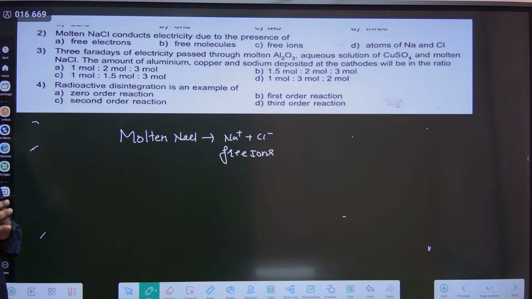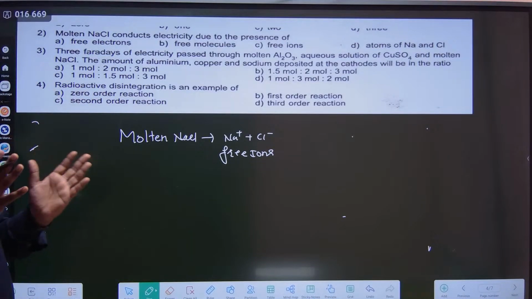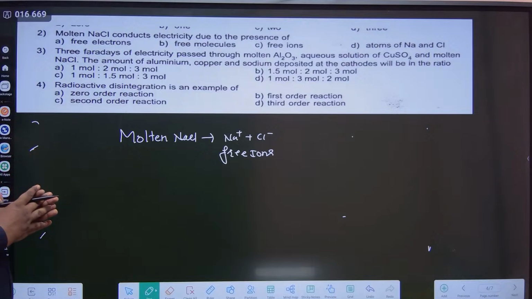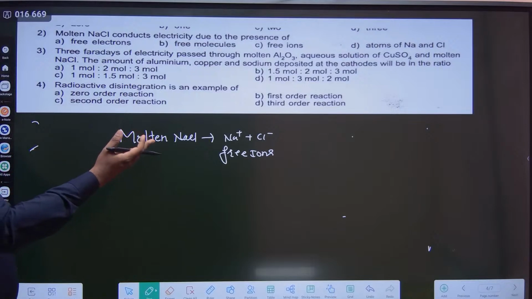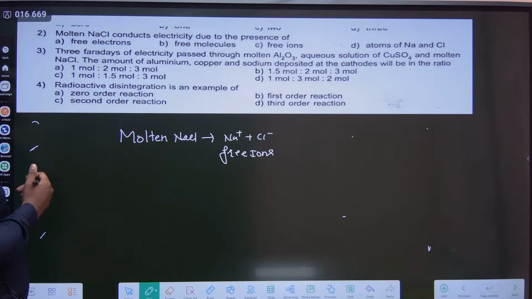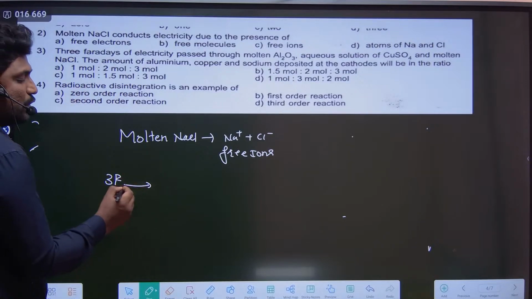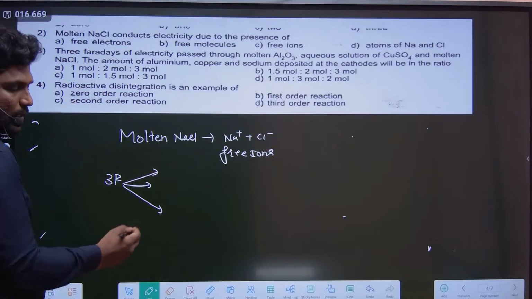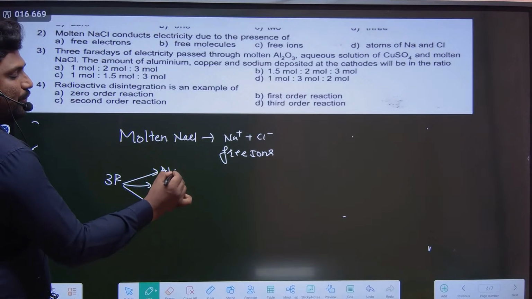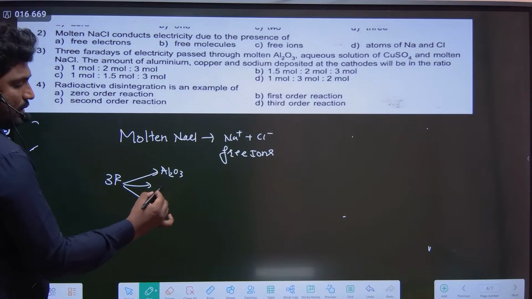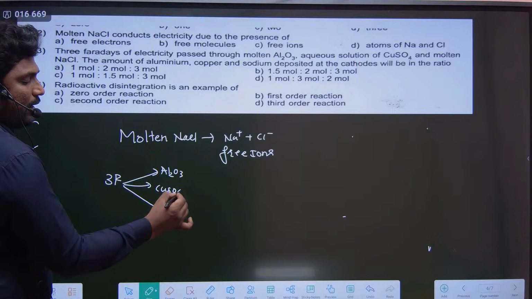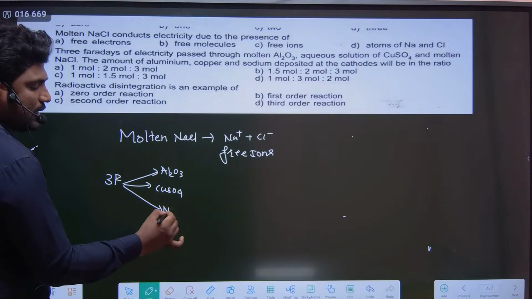Next question, from chapter 2, the same electrochemistry topic, that is Faraday's law of electrolysis. Here they have given in the question 3 Faradays of electricity passed through 3 different solutions: one is alumina, another is aqueous copper sulfate, and the third is NaCl.